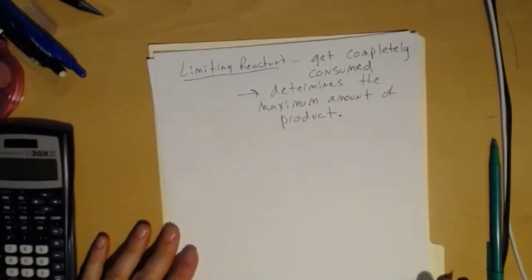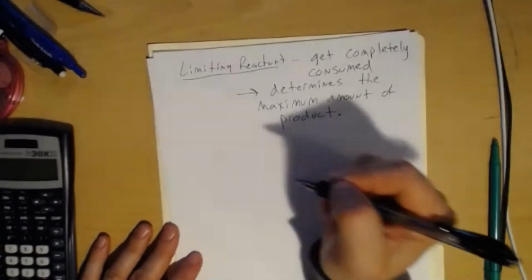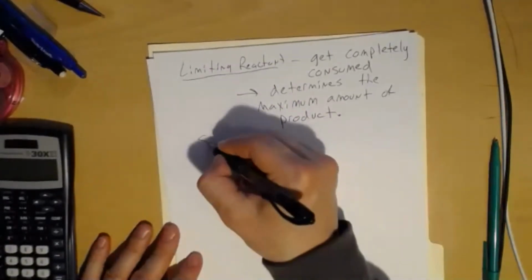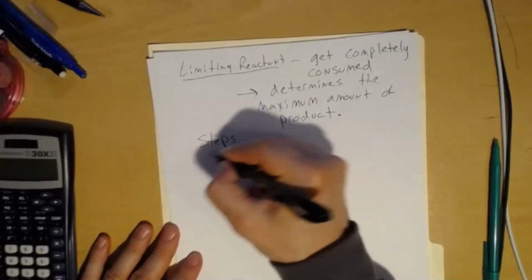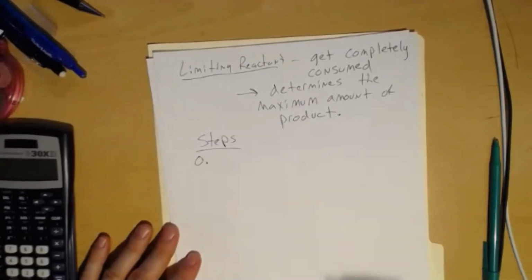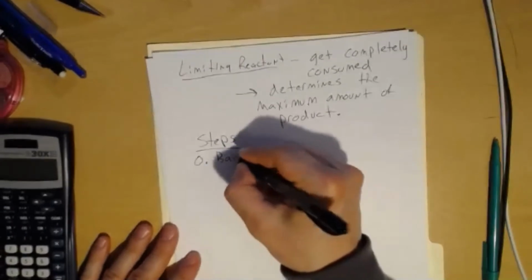All right. So the steps for this: I'm going to put step 0 again, which is have a balanced equation.